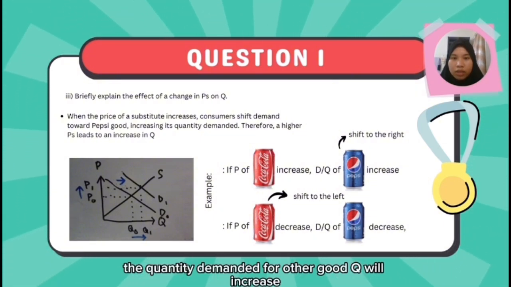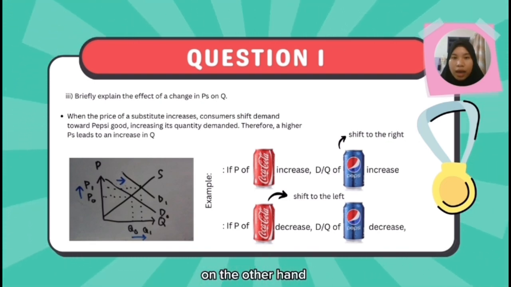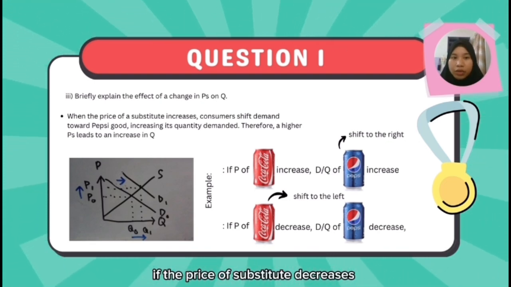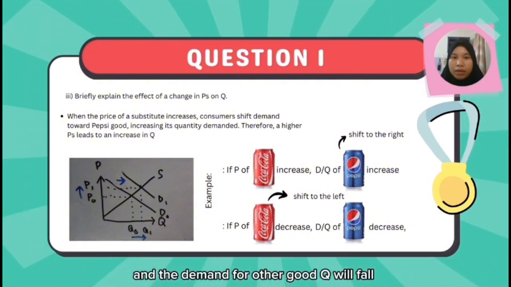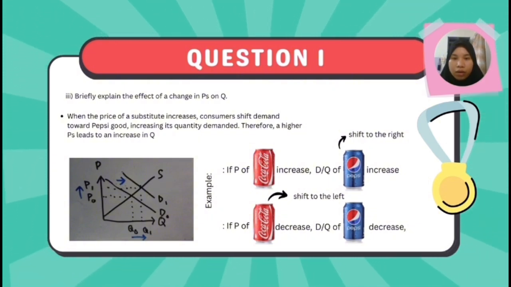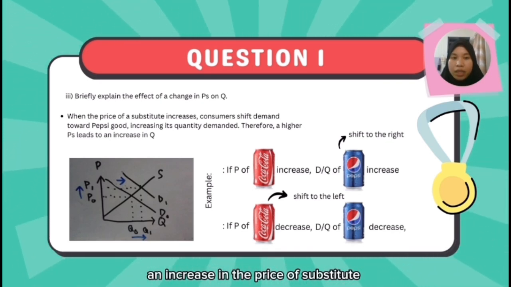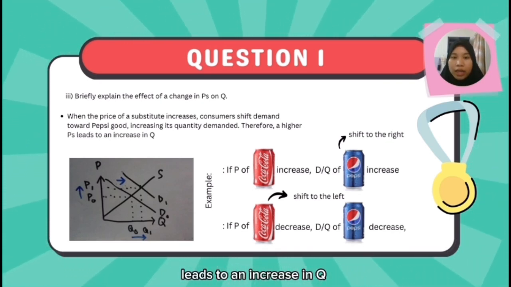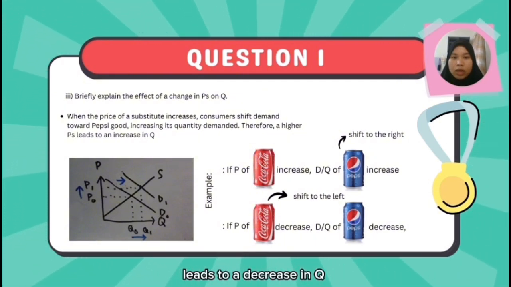As a result, the quantity demanded for the other good Q will increase. On the other hand, if the price of substitute decreases, then more people will switch to the substitute and the demand for the other good Q will fall. In short, the effect is straightforward. An increase in the price of substitute leads to an increase in Q, and a decrease in the price of substitute leads to a decrease in Q.